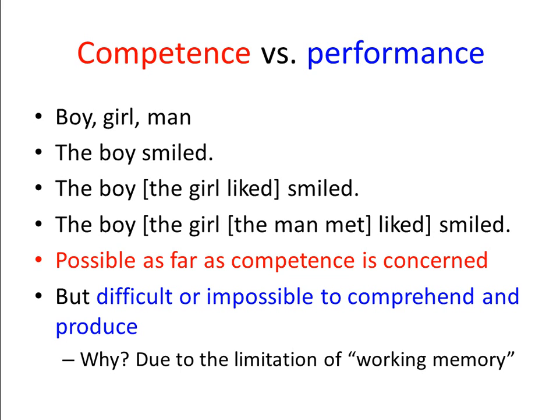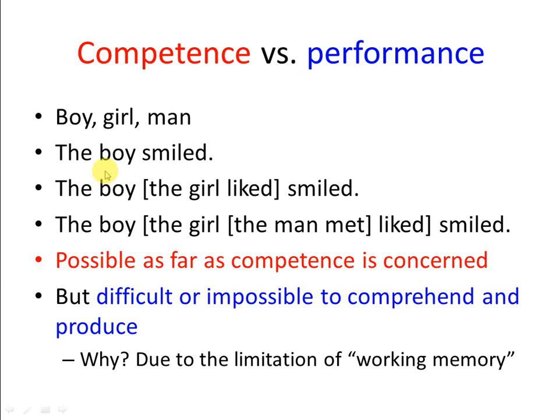Okay? And I want to give you another example to explain the difference between competence and performance. Here we talk about a boy, a girl, and a man. In English, we can say the boy smiled. This is grammatical in English, I hope.